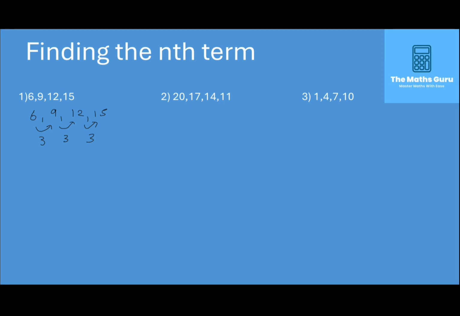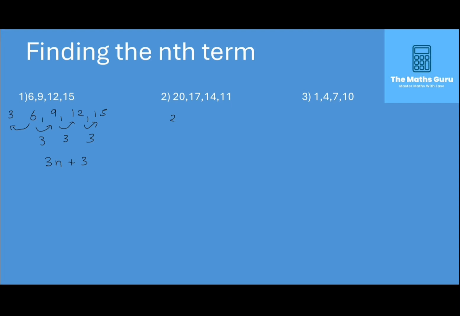So the first part of the nth term is 3n. Then we look at the first term, in this case 6, and we do the opposite and go back a term in the sequence. Because the terms are going up by 3, we minus 3 from 6 and get 3. So the nth term of this sequence is 3n plus 3.